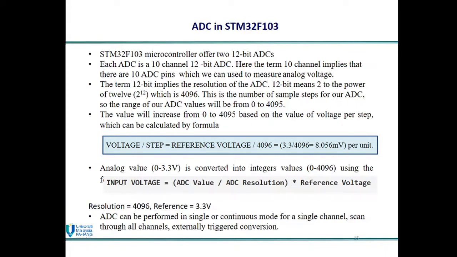STM32F103 microcontroller offers two 12-bit ADCs. Each ADC is a 10-channel 12-bit ADC. Here the term 10 channels implies that there are 10 ADC pins which we can use to measure analog.